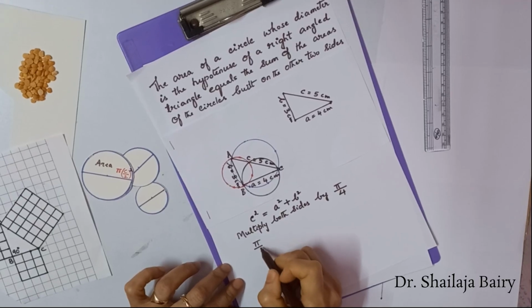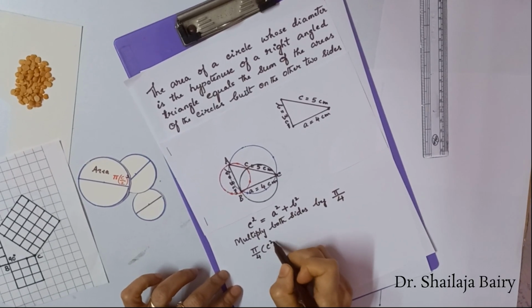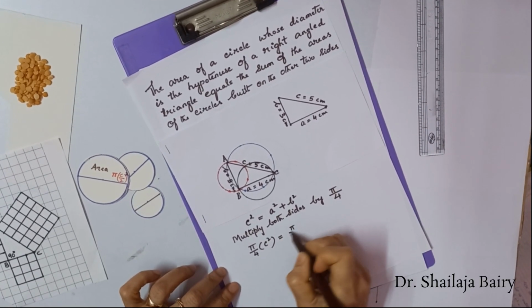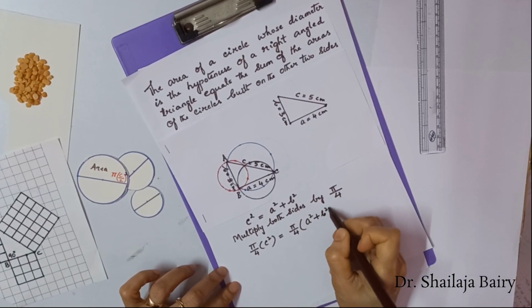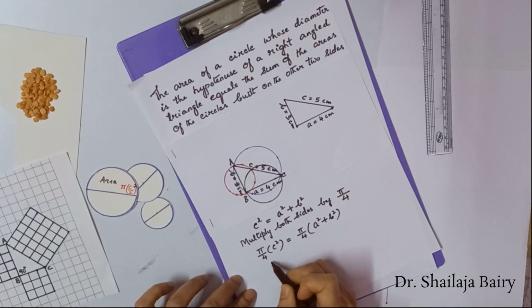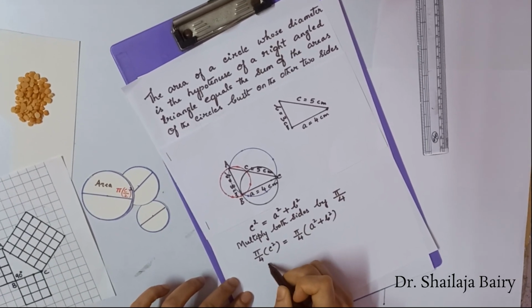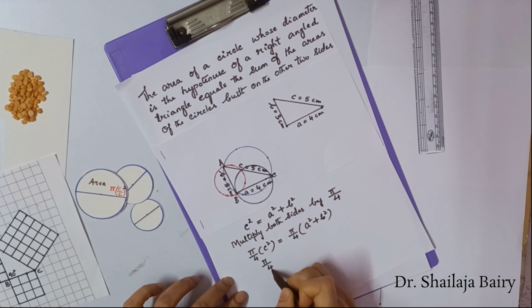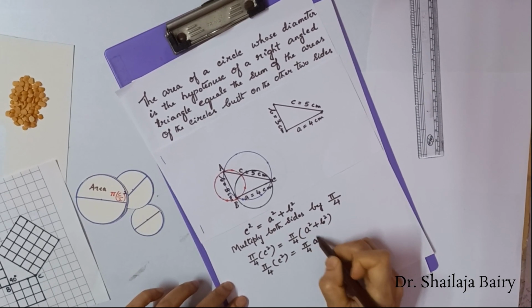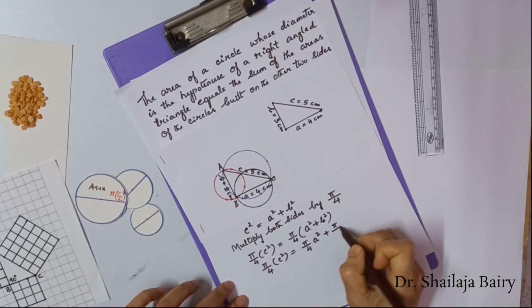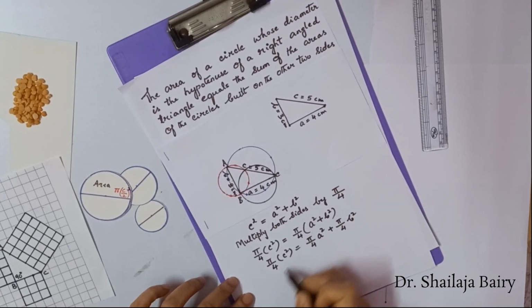So pi by 4 into c square is equal to pi by 4 into a square plus b square. This can be rewritten as pi by 4 c square is equal to pi by 4 a square plus pi by 4 b square.